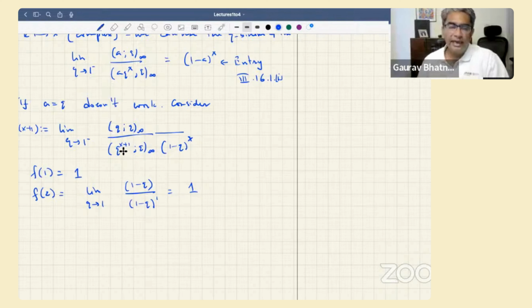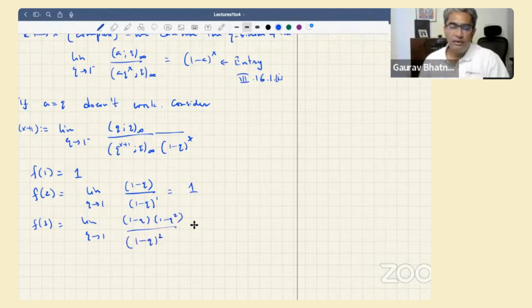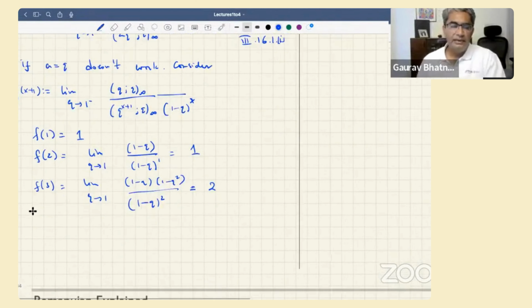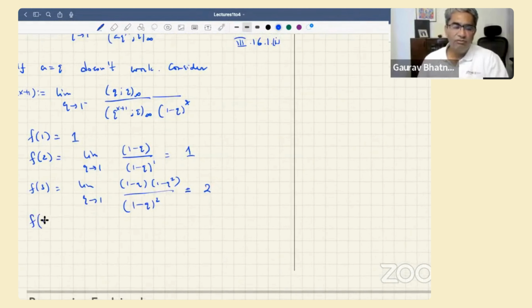So when x is equal to 1, and when x is equal to 2, we get 1 minus q squared, and then here we get 1 minus q squared. So this limit, one of them cancels, the other will give you 1. And if you have f of n plus 1, then you take the limit as q goes to 1.